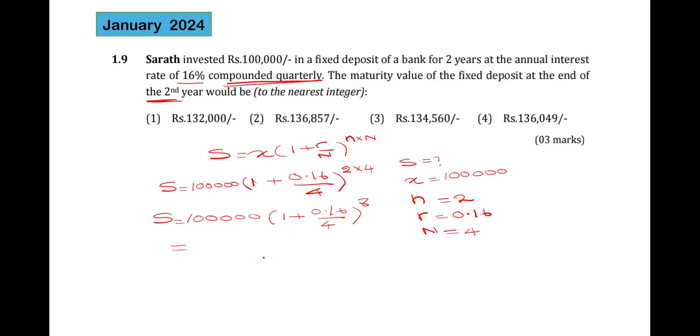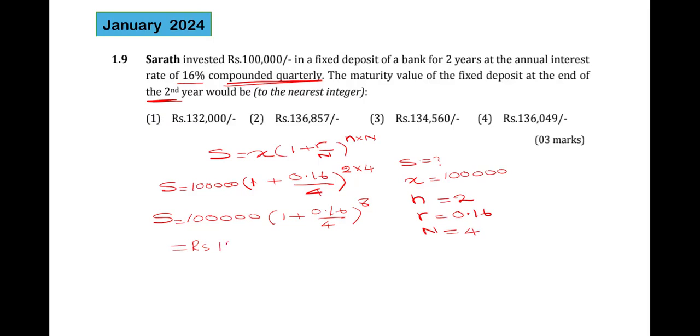100,000 open bracket 1 plus 0.16 divided by 4 close the bracket power 8 equals. Here also, give the nearest value.